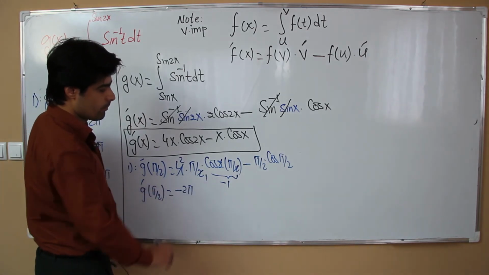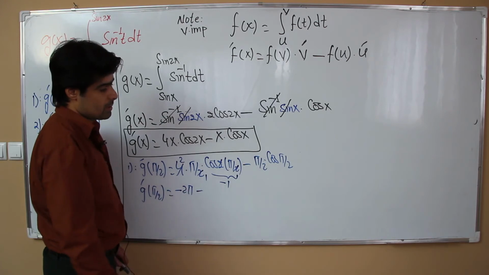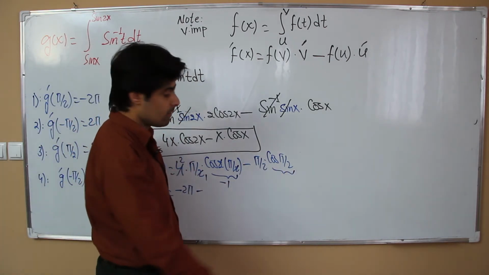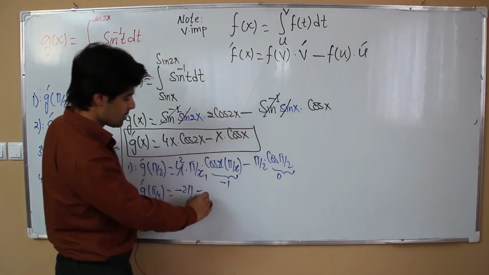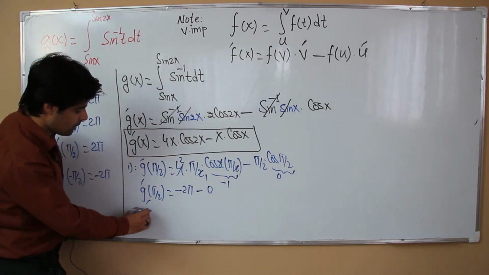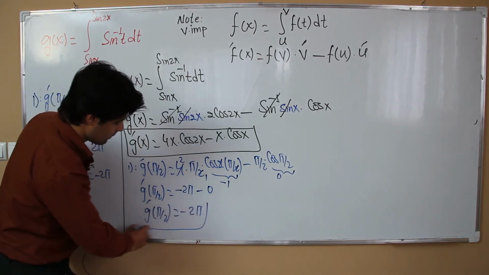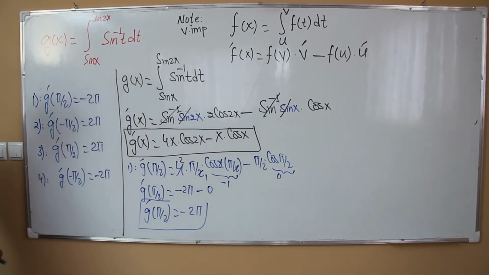Am I right? Minus, what's cosine of pi divided by 2? Cosine of 90, it's 0. 0 times this one, it's 0. Now we have g prime of pi divided by 2, it is minus 2 pi. Which answer is right? I think number 1 is correct.